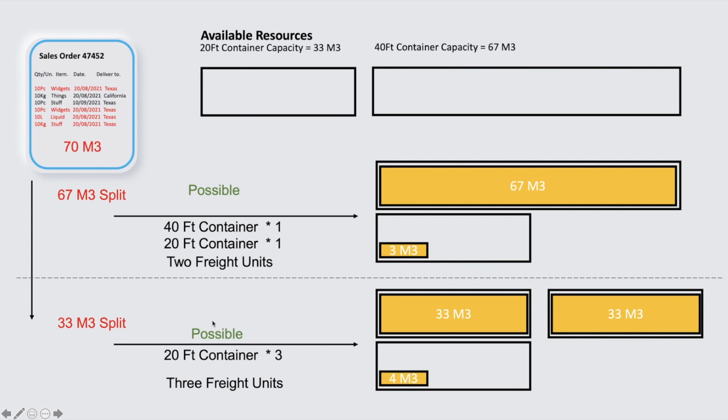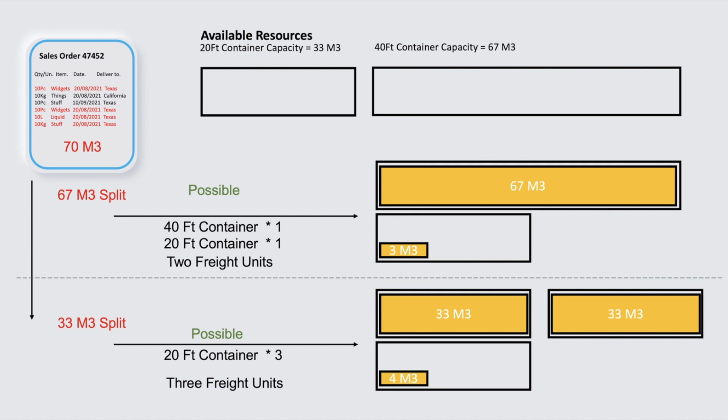The result here is that it consolidated the cargo up to 33 cubic meters, produced 1 freight unit, moved on to consolidating to another freight unit up to 33 cubic meters, closed that one off, then started and produced a third one for the remainder of 4 cubic meters. So the result here is that I have ended up with not 2 but 3 freight units, allowing me this time to leverage 20-foot containers only.